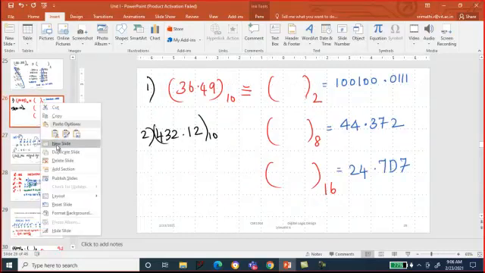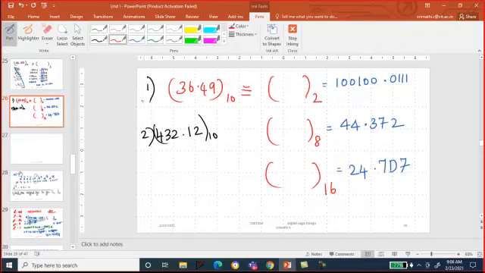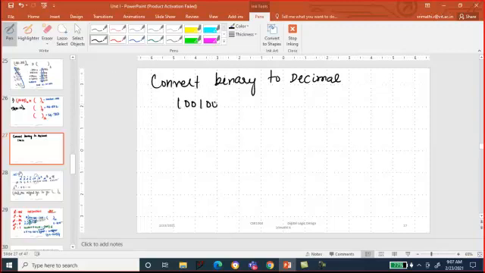Let me take a binary number, 100100.0111 to the base 2. Is it okay now?